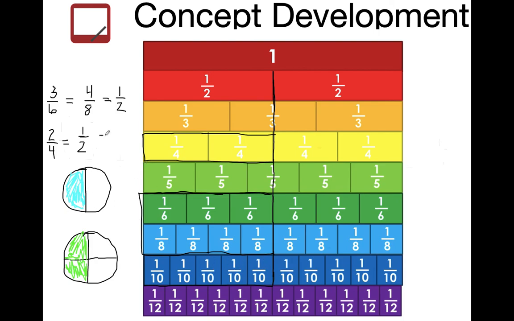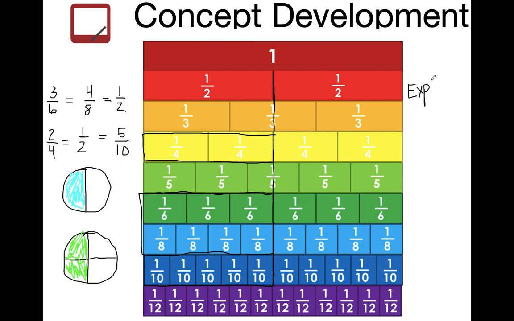So we also could even add in there 5/10. So we have 1/2, 2/4, 3/6, 4/8, 5/10. Now, I would like for all of you in your notebooks to explain.